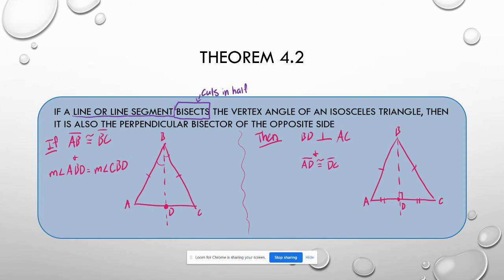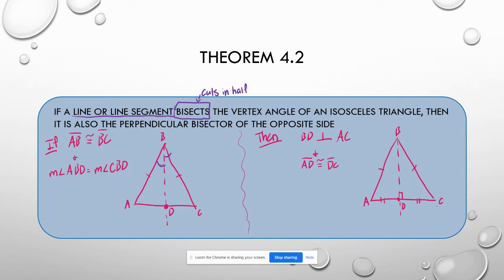What we know is that AB and BC are congruent, and we know that this line bisects B, so the measure of ABD is equal to the measure of CBD. That's our hypothesis.